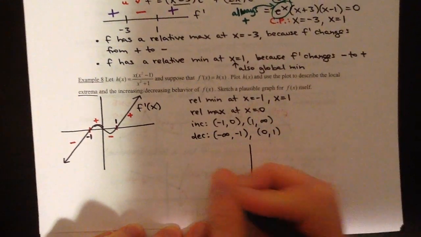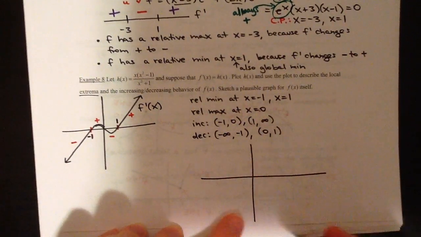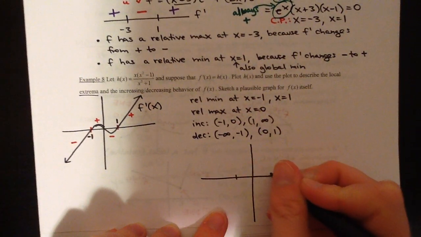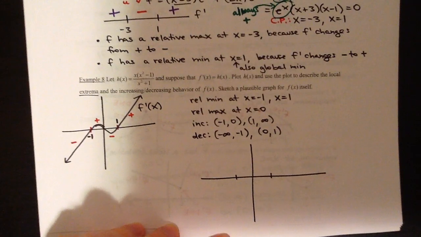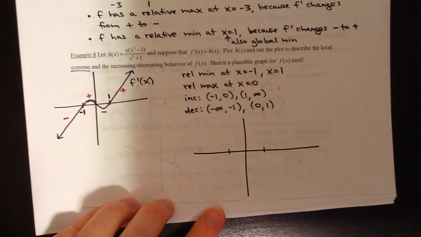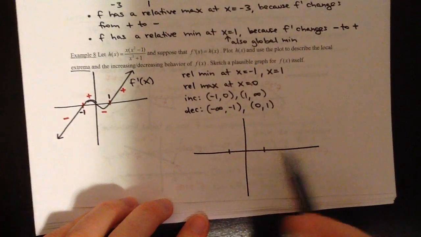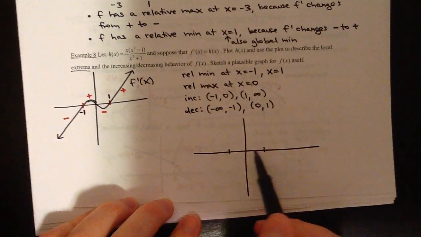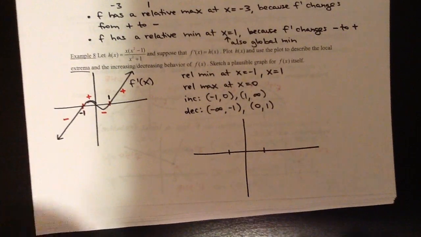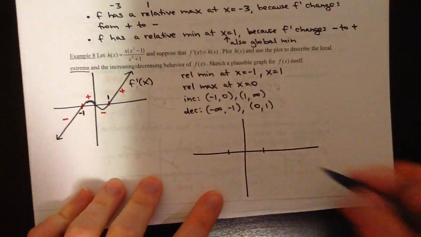So let's take a look. We've got to put all this stuff together. At -1 and +1, we're supposed to have relative mins, and then at 0, we're supposed to have a relative max. We're supposed to increase on this interval, and then increase on this interval, and then decrease here and then here. So I'm just going to make this up.